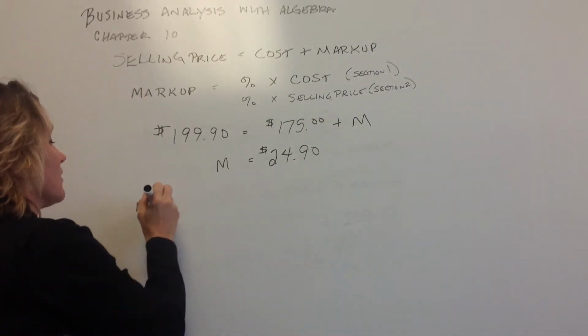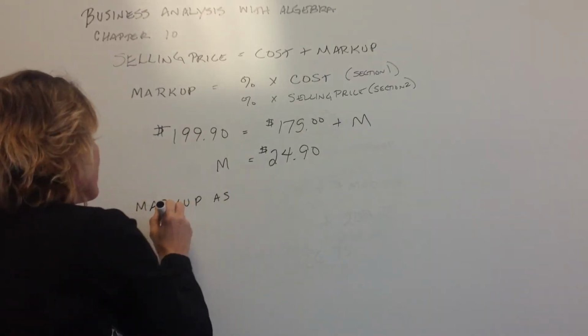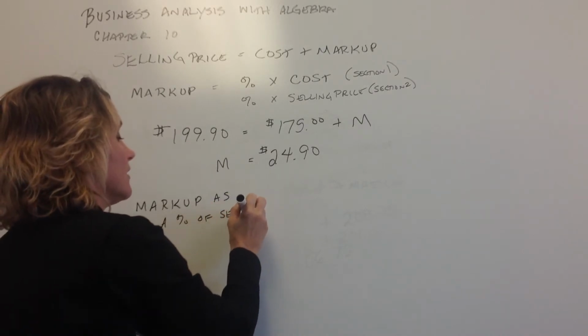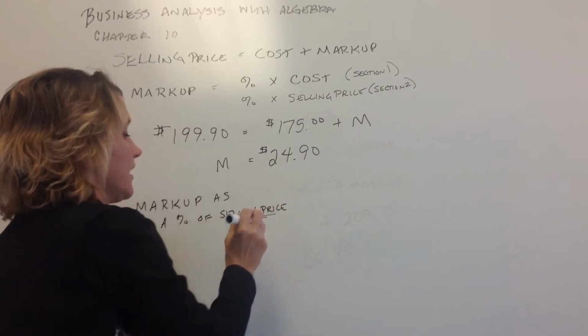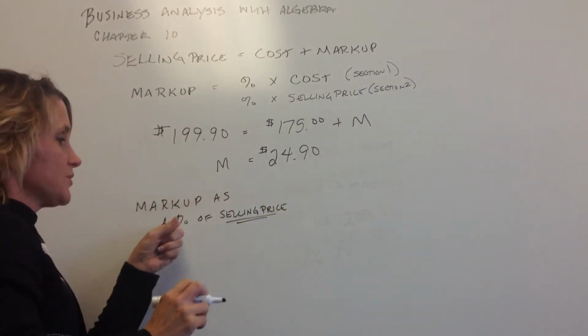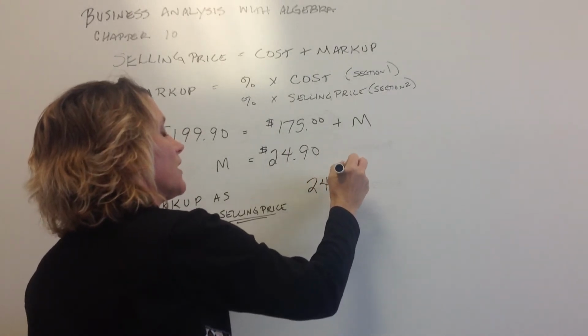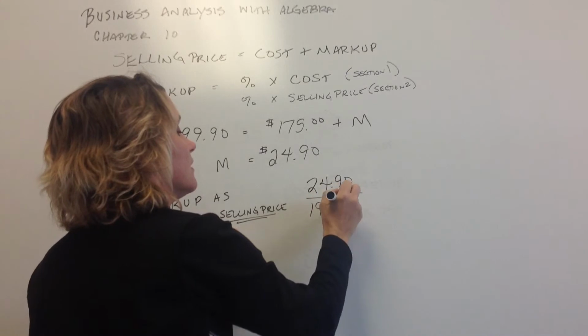Again, just read carefully. But then it asks for our markup as a percent of selling price, and this is basically telling you what to divide by. If it says markup as a percent of selling price, you're taking your markup of $24.90 and you're dividing it by your selling price.